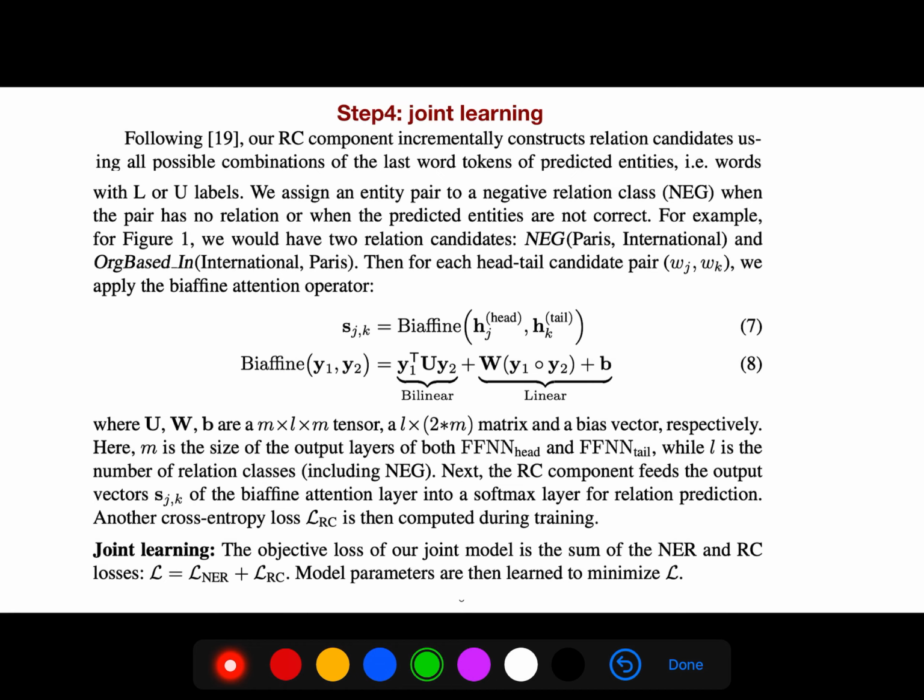And finally, we do joint learning, because not only do we use it for named entity recognition, but we also augment it with the relation classification loss. So our total loss considers both of them jointly. And this is just the idea of Christopher Manning for dependency parsing. So she drew inspiration from his article.